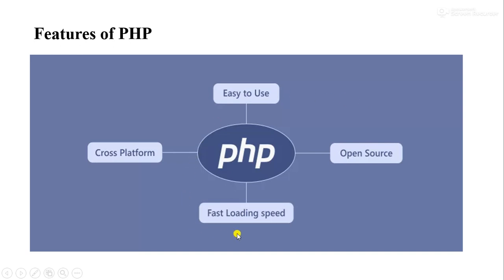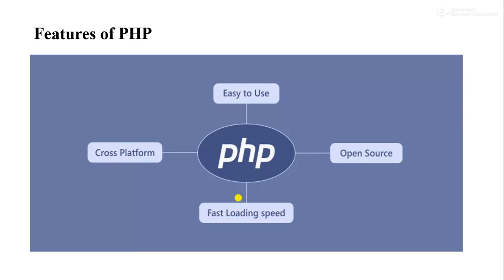And the third one is fast loading. PHP is very fast as compared to Python and other programming languages. We have other backend programming languages like Python, C Sharp, etc. As compared to those, PHP is fast.